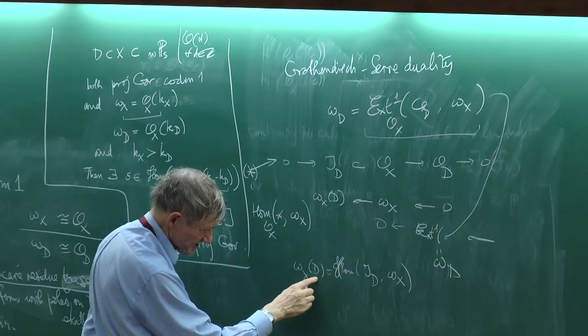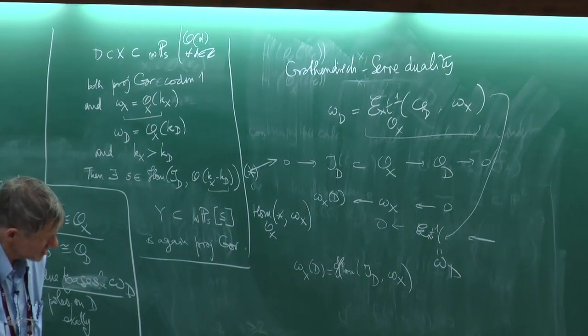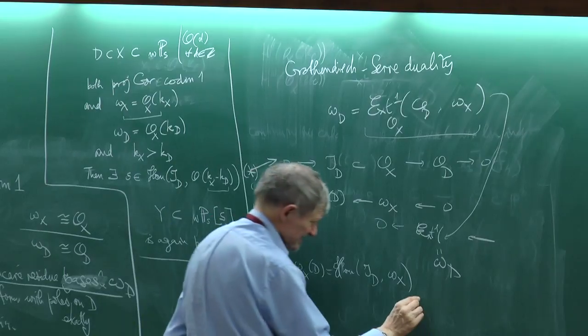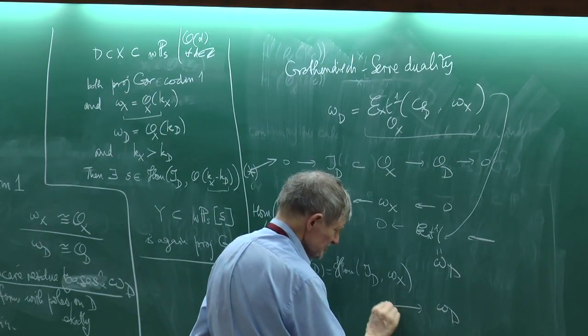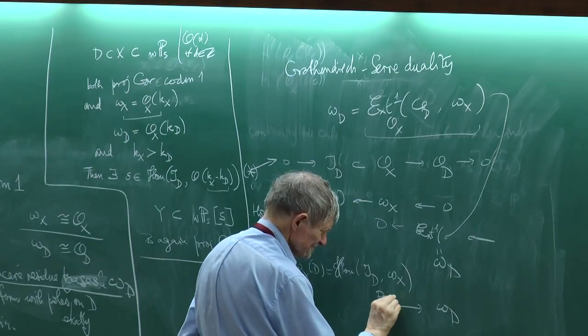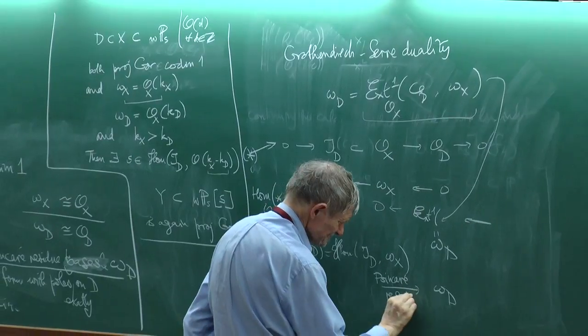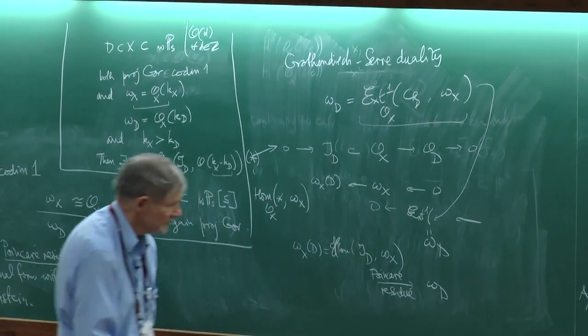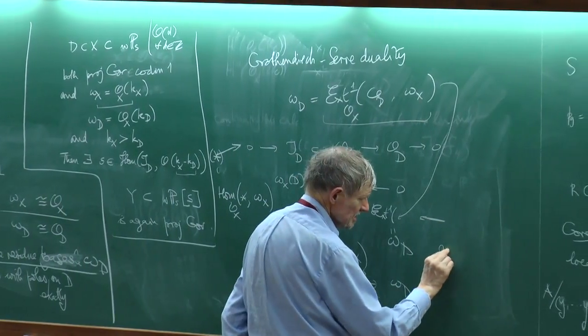I'm allowing poles on D. That's an interpretation in the normal variety case. And this has a Poincaré residue down to omega D. Right. So, you know, this is just the adjunction formula.